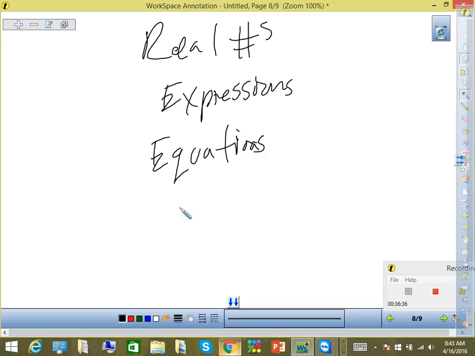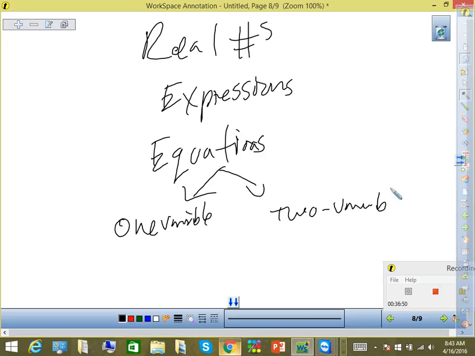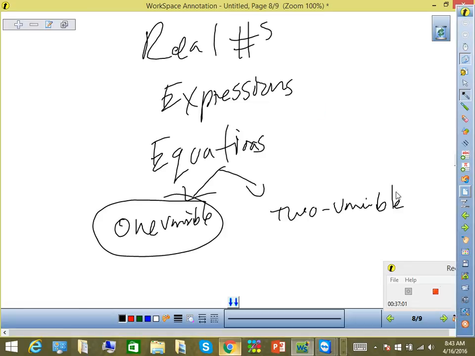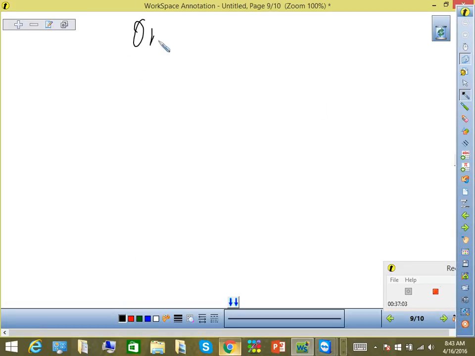Right now, we're going to focus on the 2 types that we covered so far: 1 variable and 2 variables. When it's 2 variables, that's when we got the system of equations. So right now we're going to focus on 1 variable equations.